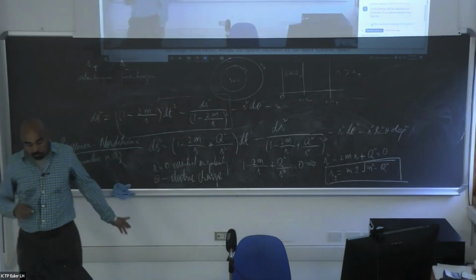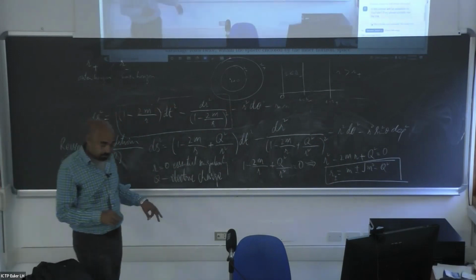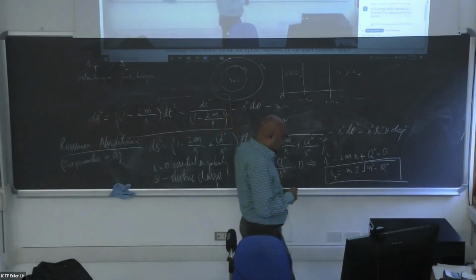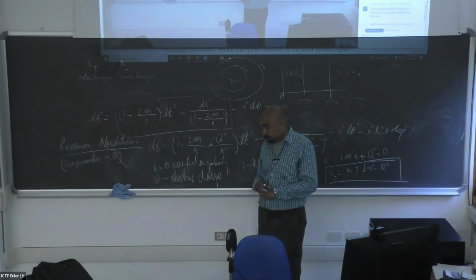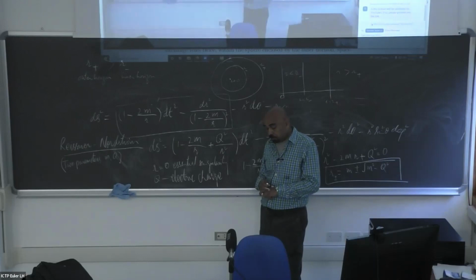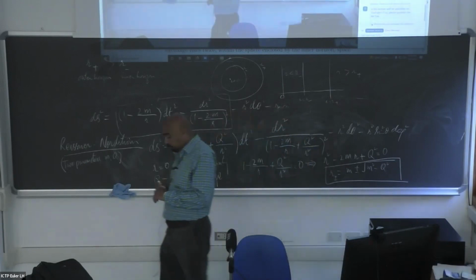And in order to incorporate electric charge, of course, we need the electromagnetic potential also. So this is actually a solution of Einstein field equations combined with Maxwell equations. This is what are called the Einstein-Maxwell field equations. So this represents gravity plus electromagnetism, and electromagnetism is represented by the Maxwell field tensor.